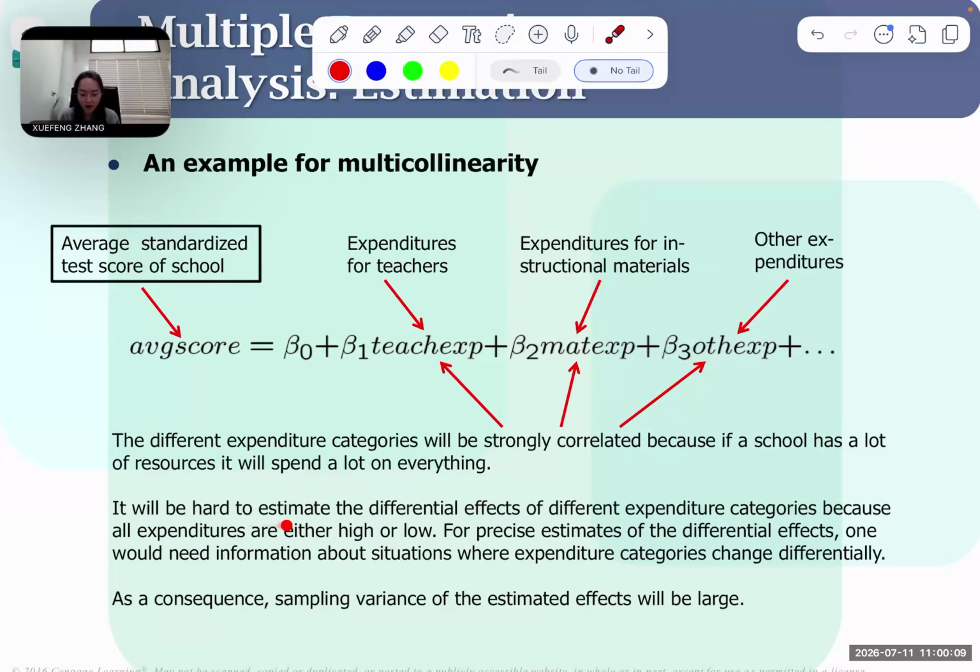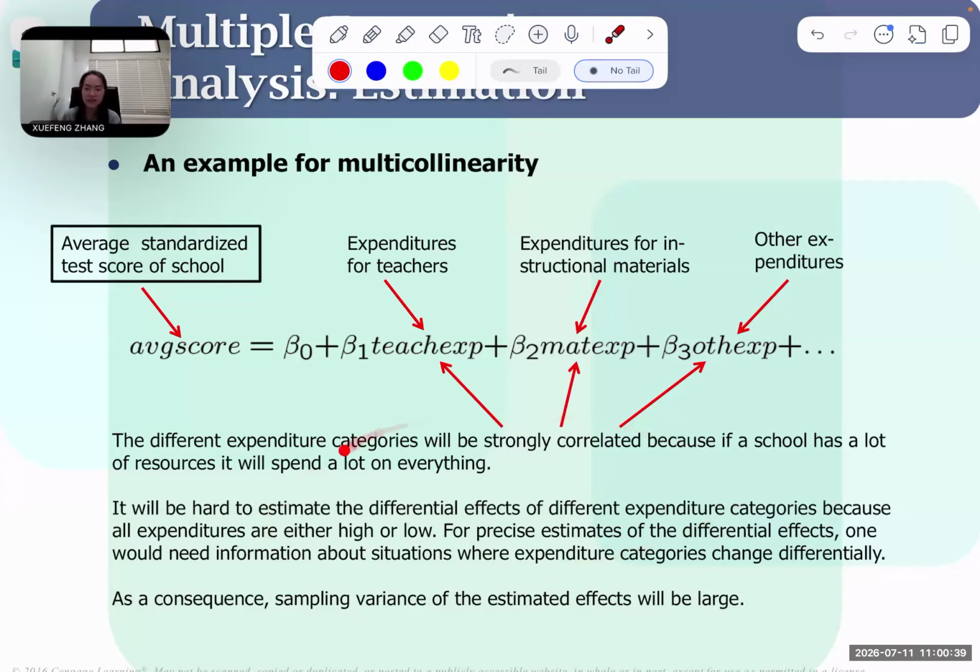It will be hard to estimate the differential effects of different expenditure categories because all expenditures are either high or low. For precise estimates of the differential effects, one would need information about situations where expenditure categories change differently. As a consequence, the sampling variance of the estimated effects will be large.